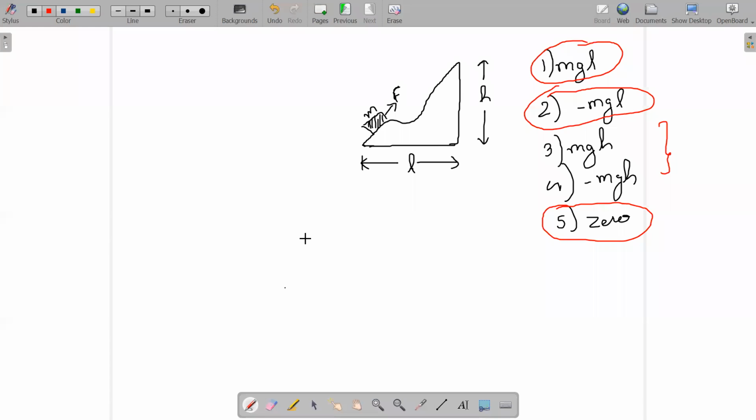It specifies that if the body is on a trajectory like this, then the force acting on the body will always be tangent to its trajectory at that point, right? At this point, tangent is this. And if now the body is at this position, then the force won't be in this direction, but it will again be in a tangent direction, right? So it is tangential to the trajectory.